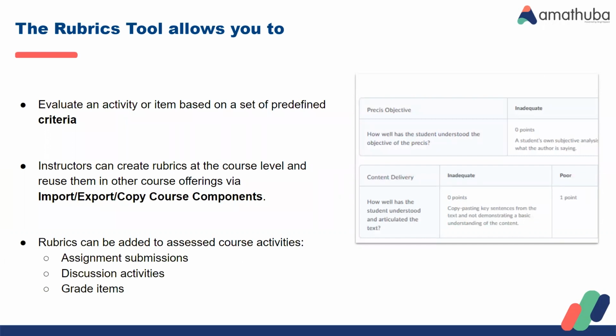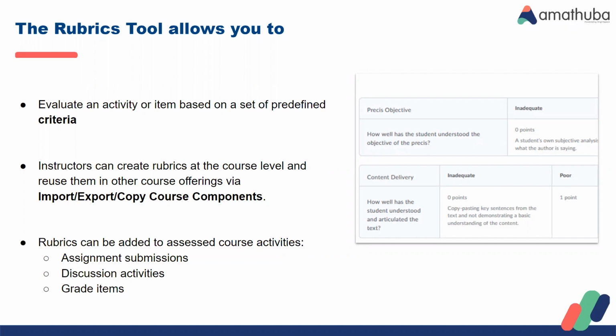Now we're going to take a look at rubrics. Rubrics might be familiar to you. You may have used them before. Rubric tools basically allow you to evaluate an activity or an item based on a set of predefined criteria. You can create rubrics at the course level, and you can reuse them in other courses.